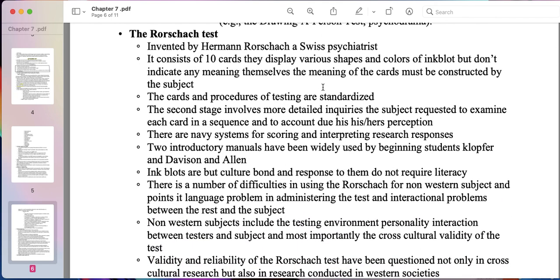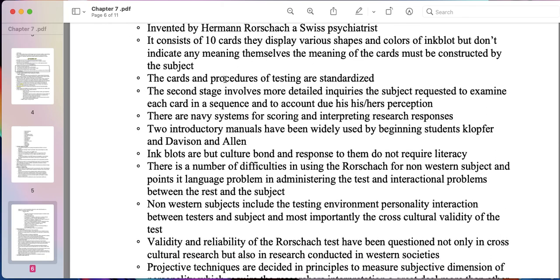So we're going to talk about the Rorschach test. This was invented by Hermann Rorschach, a Swiss psychiatrist. It consists of 10 cards that display various shapes and colors of inkblots, but don't indicate any meaning themselves. So the cards themselves don't represent anything. We're more looking at them from what the subject is telling us.